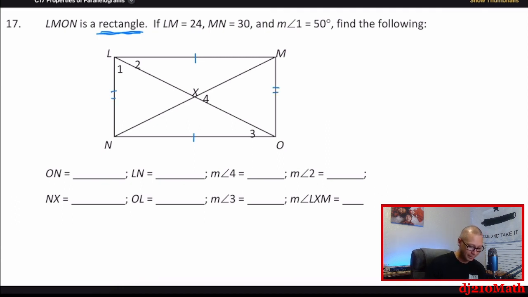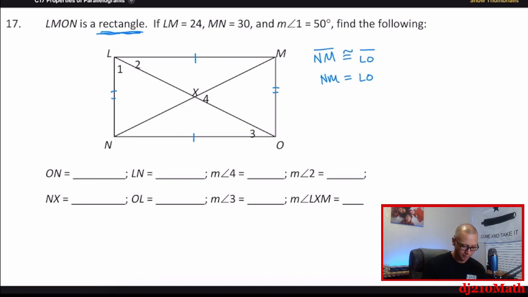And it means that the diagonals are congruent, right? The whole diagonal. So line segment NM is congruent to line segment LO. That's what that means. And that the measurements are equal.